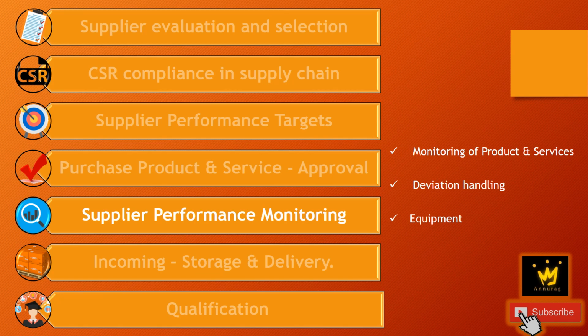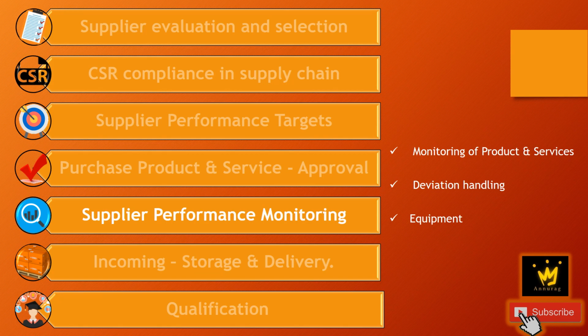So these all are the things which you will check from the monitoring perspective. In case of deviation, you should check whether there is a standard complaint handling process or not. There should be agreement and tracking of improvement programs, and whether it is happening as per deadline or not.